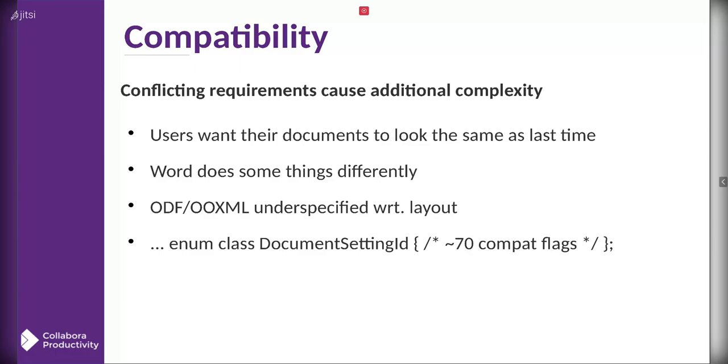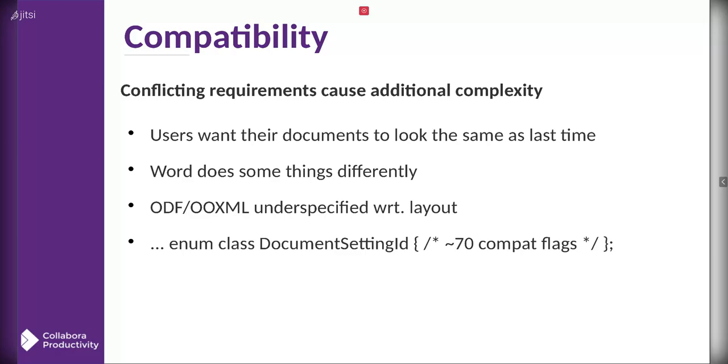For example, paragraphs have spacing above the paragraph and below the paragraph. And historically, what Writer has always done is, for the spacing between two paragraphs, you take the spacing below of the first paragraph and the spacing above of the second paragraph, and the inter-paragraph spacing is then the maximum of these two values.